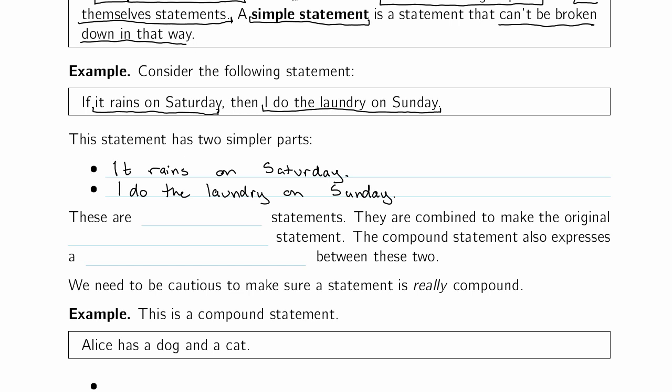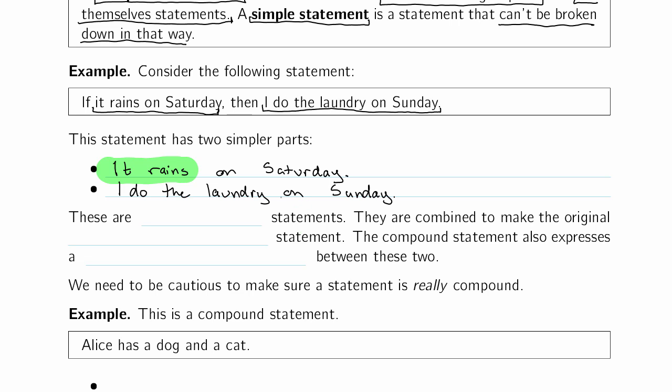Notice I can't take any smaller parts of this and have it be a meaningful statement. I couldn't say just, it rains, right? I would need to get more specific about when it's raining, because it certainly does rain sometimes, but that's not a meaningful part of it rains on Saturday.